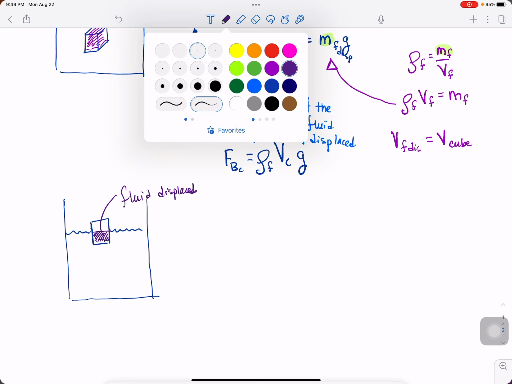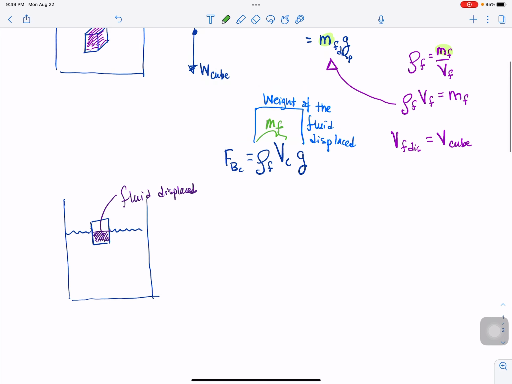So I'm still going to have that the buoyant force on the cube is still equal to the weight of fluid displaced, but now since the cube is floating, I have less that is displaced.